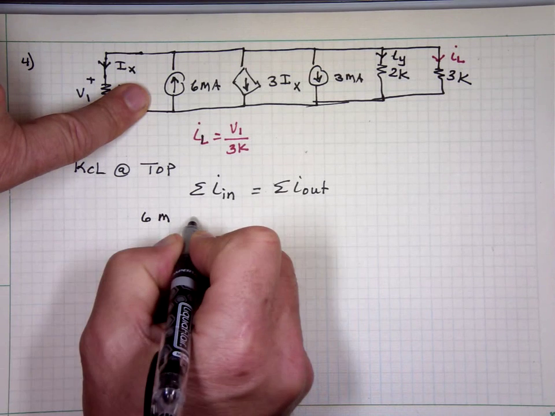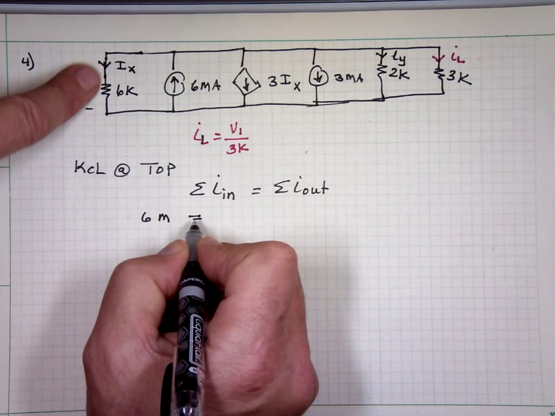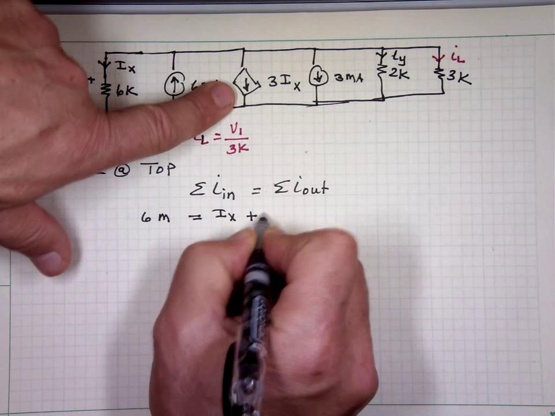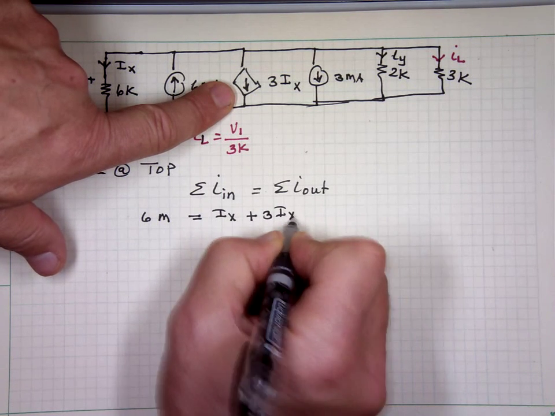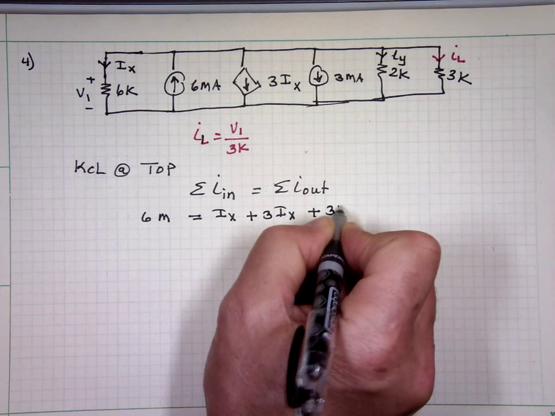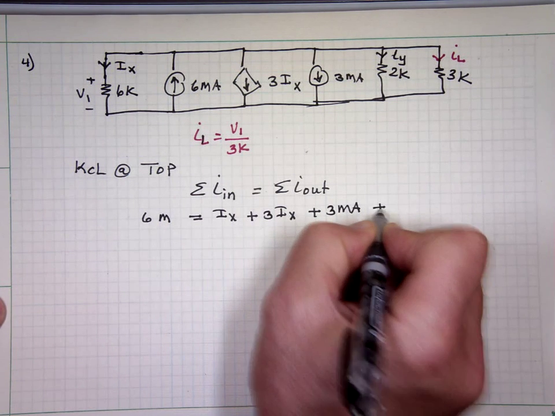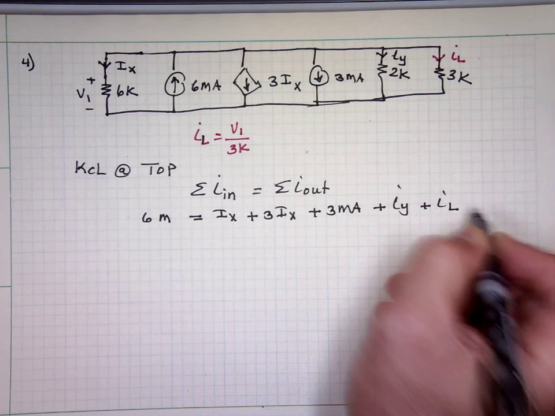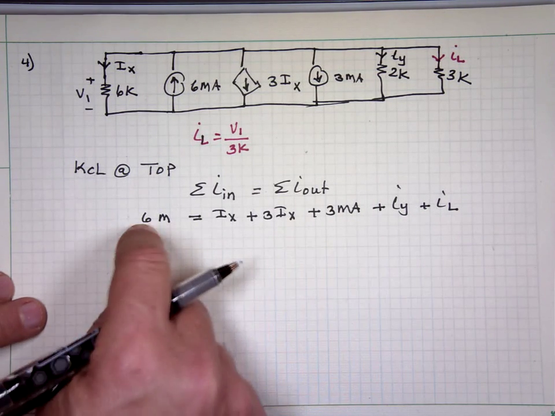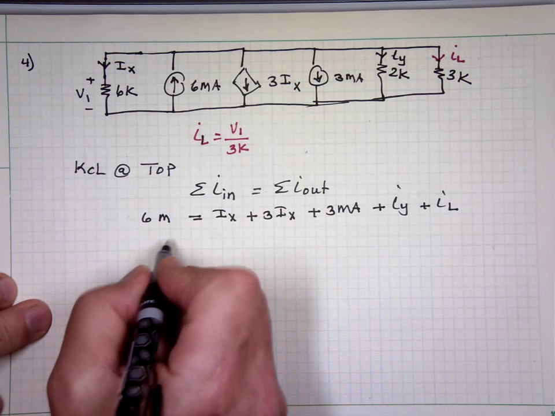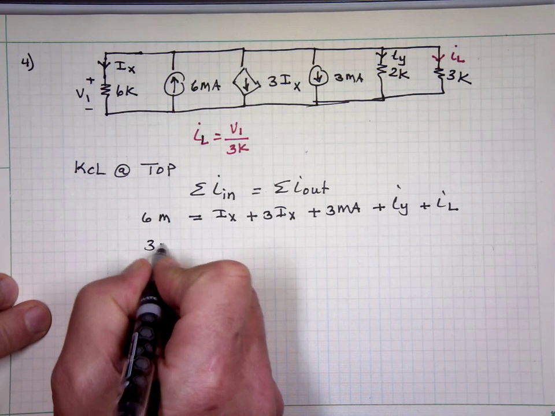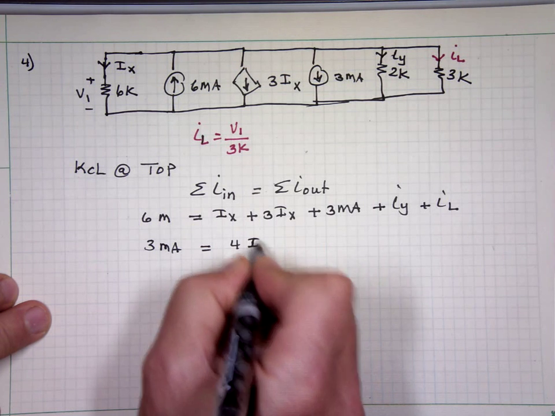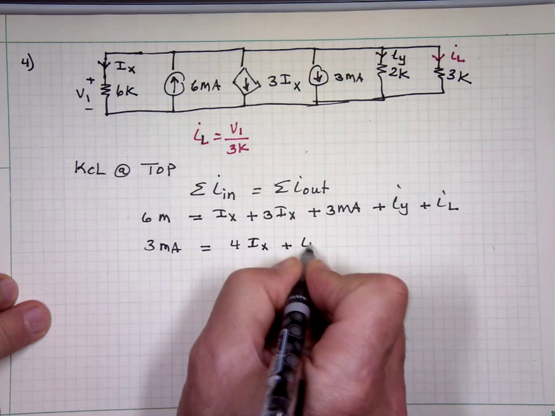And what's leaving? 3I sub X plus I sub X plus the 3 milliamp plus I sub Y plus I sub L. I can move the 3 to this side, make it what? 3 milliamp equals 4 I sub X plus I sub Y plus I sub L.